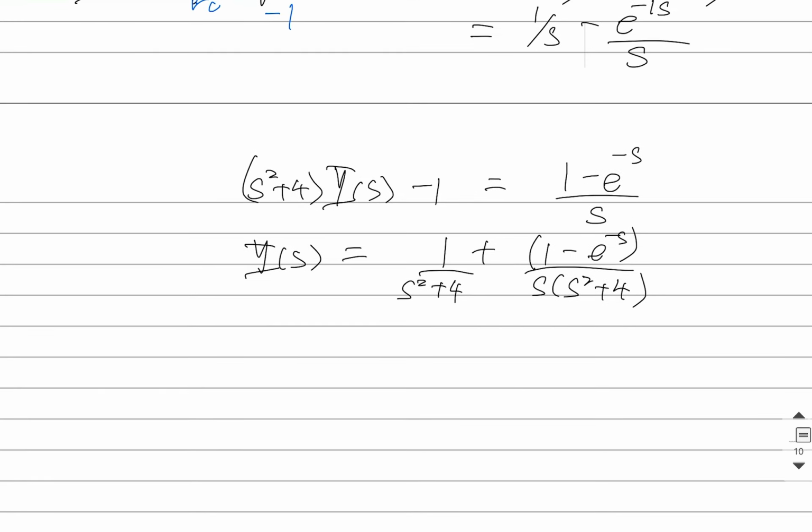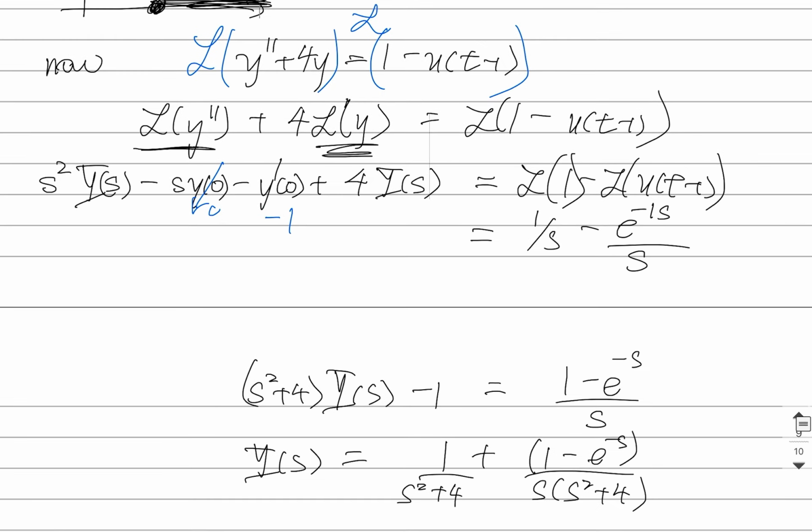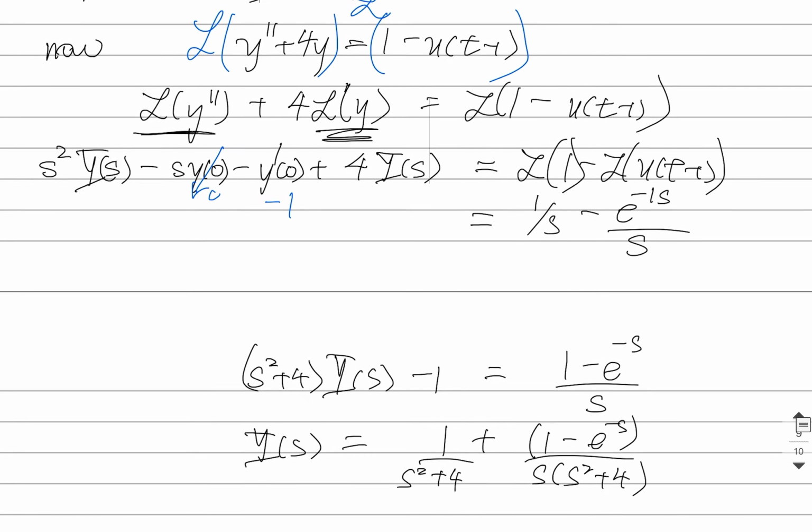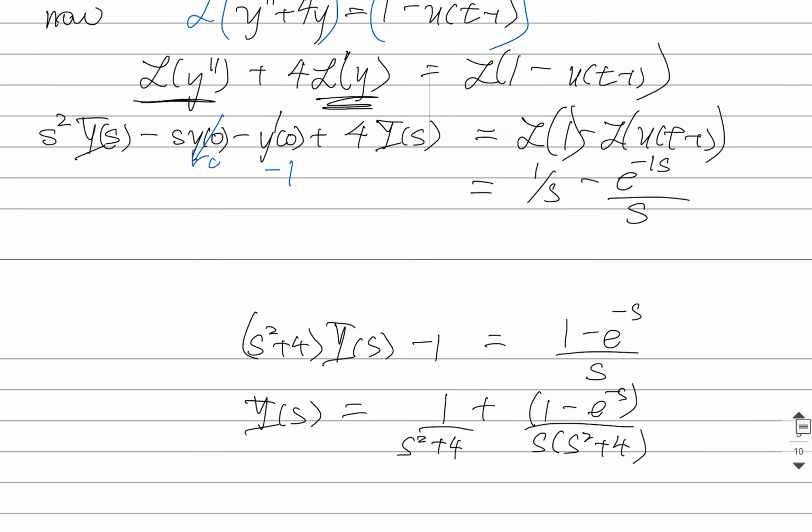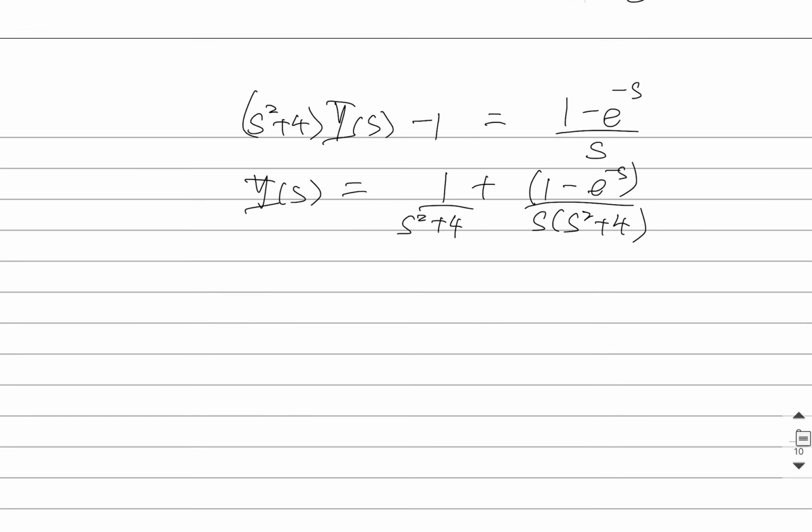And that is the solution to the algebraic version of our differential equation, except that it exists in frequency space. But we didn't start this problem in frequency space. We are starting this problem in time domain. So what we need is to invert this Laplace transform. And that means we need to take the inverse of this entire expression.